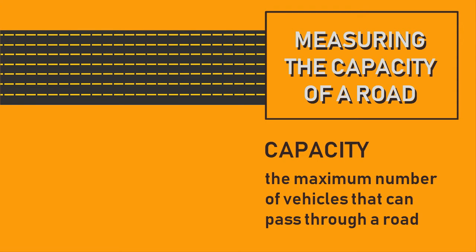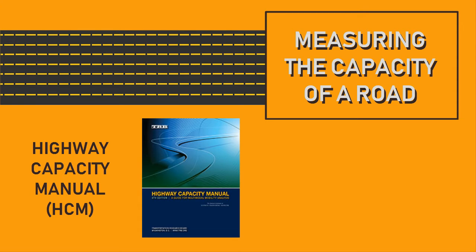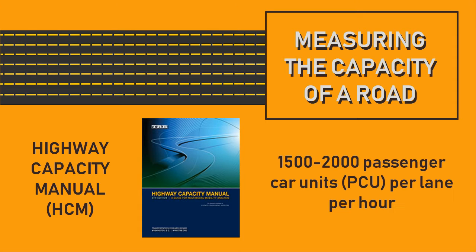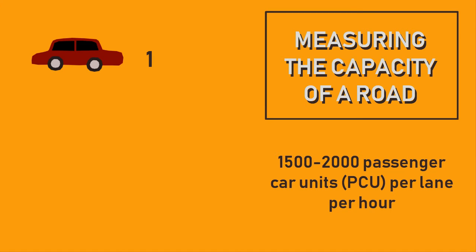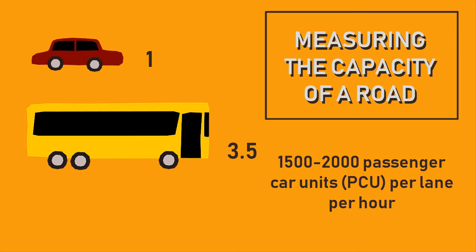According to the Highway Capacity Manual, or HCM, approximately 1,500 to 2,000 passenger car units, or PCU, travel through a single highway lane per hour. A car is equivalent to a single PCU, a truck or a bus is 3.5, a motorcycle 0.5, so on. So we can also measure capacity in PCU per lane per hour.